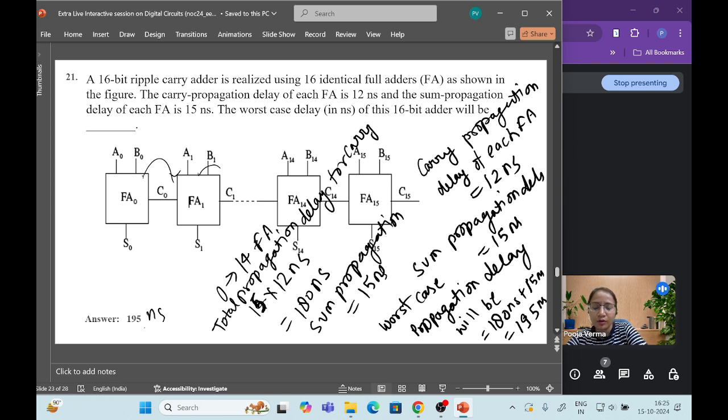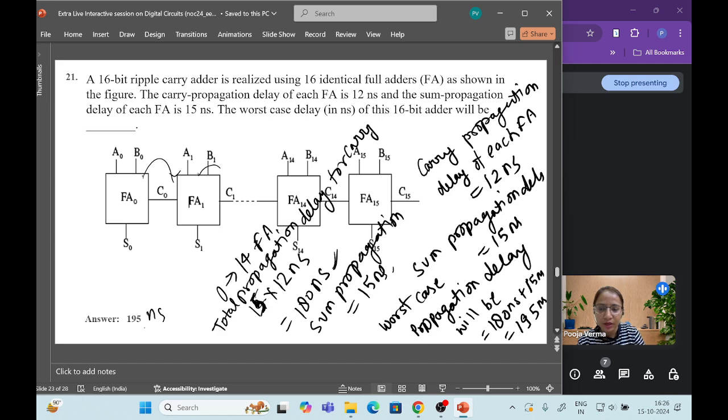It is given in nanoseconds. So already we know that only carry will be propagated from one full adder to another, but sum will not be propagated. That's why the carry delay is multiplied by each stage: 15 into 12, total propagation for carry is 180 nanoseconds, and sum propagation is 15 nanoseconds only. Okay, so I hope you understand this question.